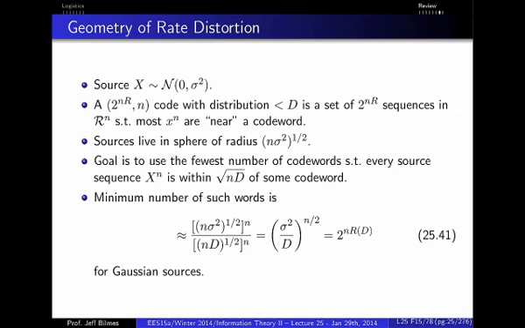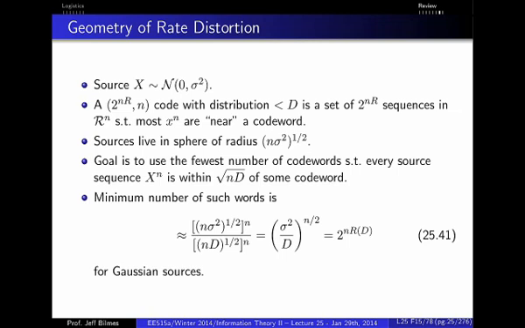You're trying to put as few small spheres into a large sphere while ensuring that there's no point that goes uncovered. So on one hand, you're trying to pack as many and have no overlap, because that's going to mean there's going to be error if the small spheres lie on top of each other.